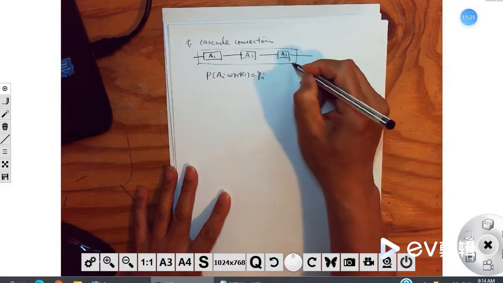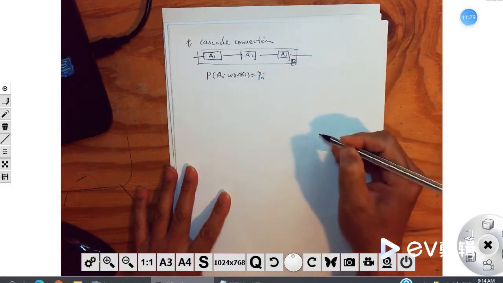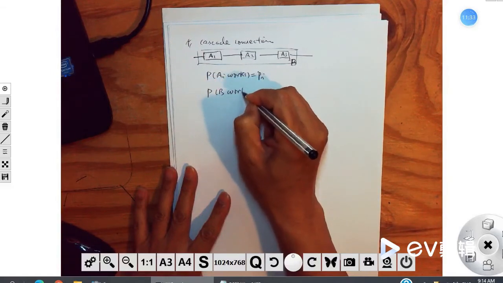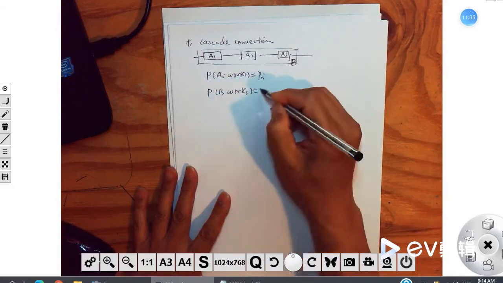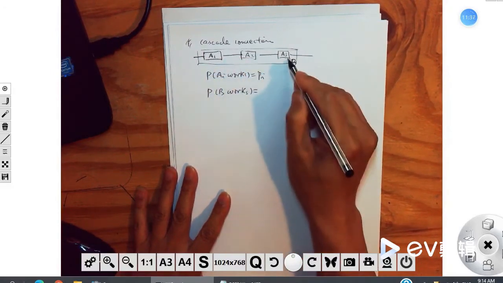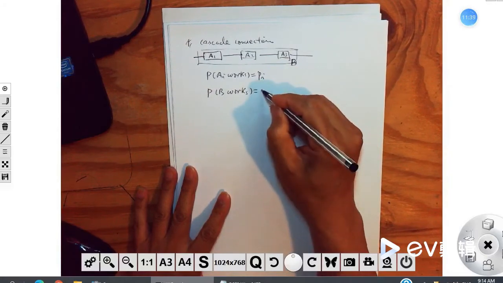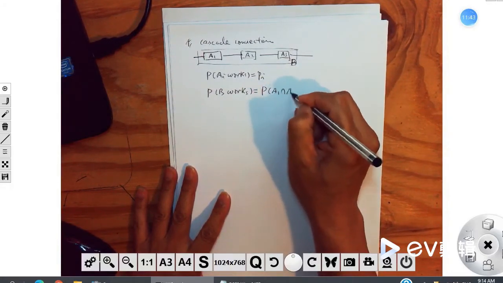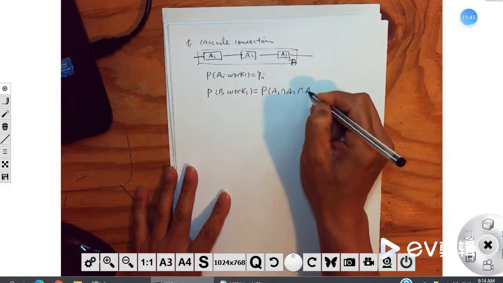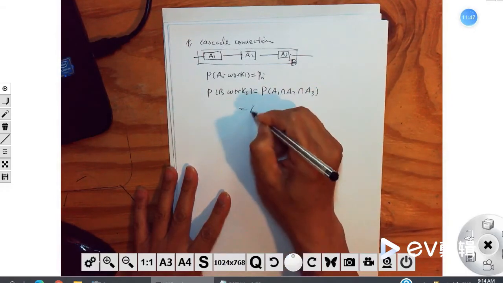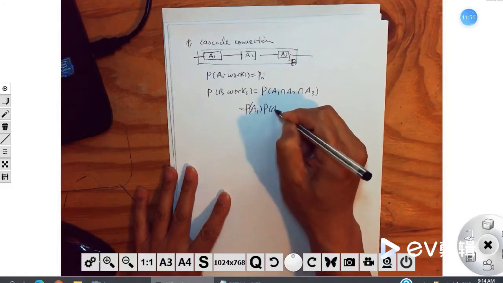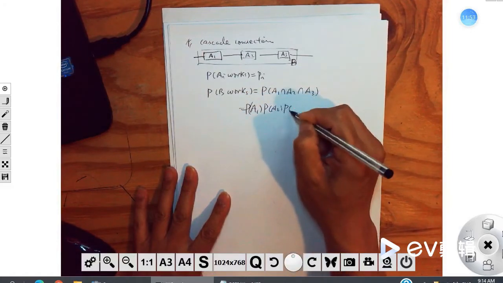I call this B. Okay, B. Then B works is equal to all of these three work, so A1 works, A2 works, and A3 works. It will equal A1 works times A2 works and A3 works.